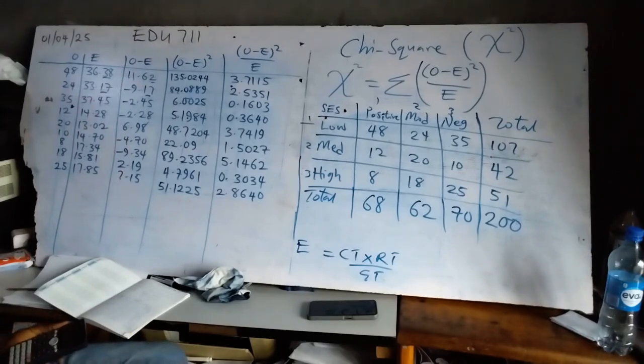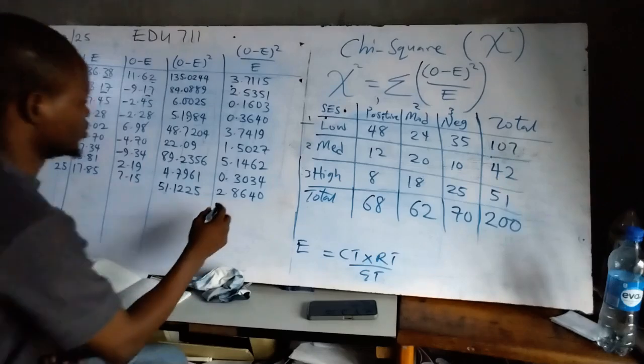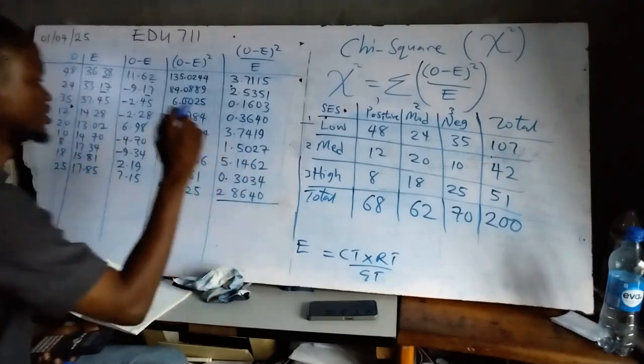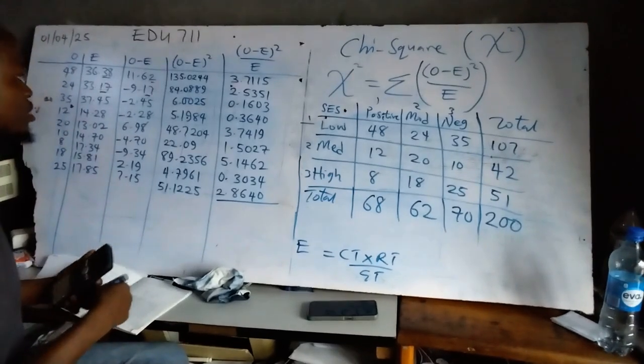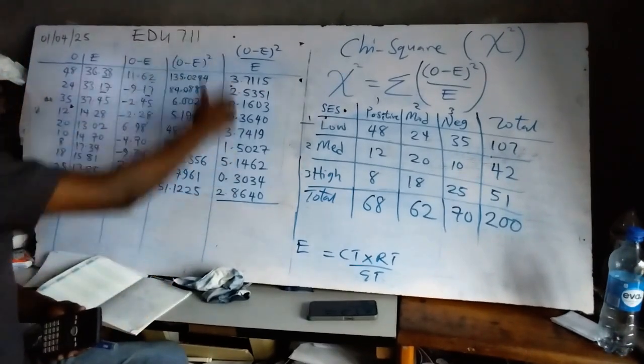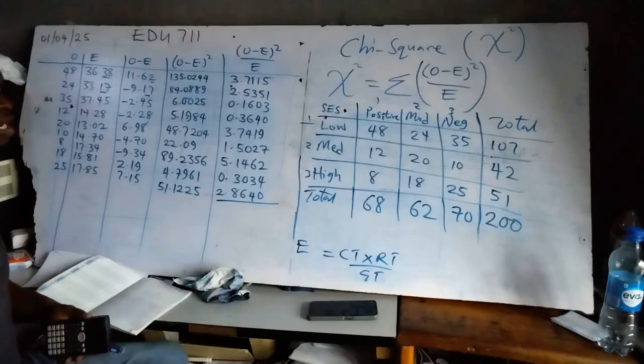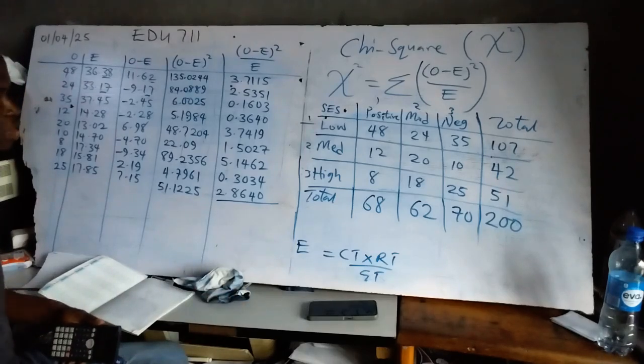Wow, fantastic. So now the summation is this. Let's do the summation, the addition of all this. By the time we get the addition of all this, then that is our chi-square calculated.